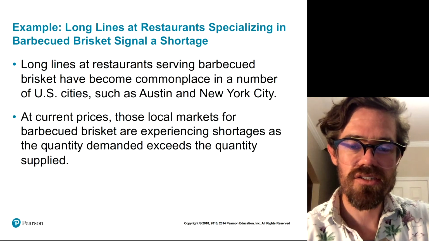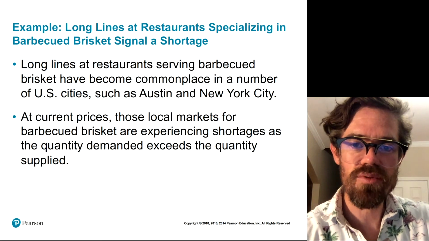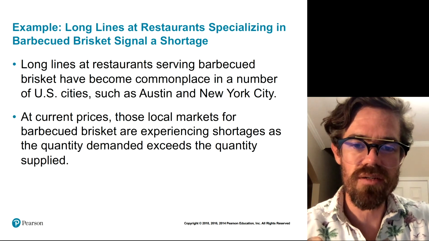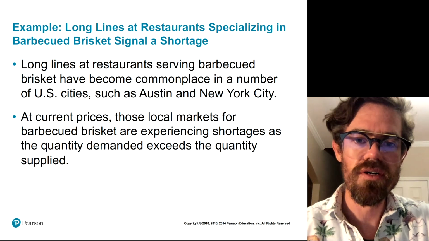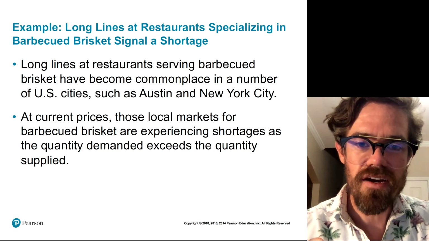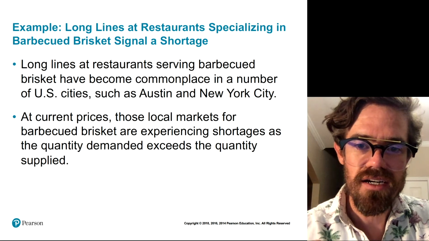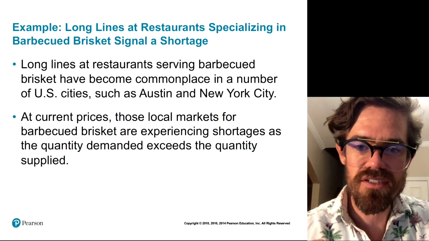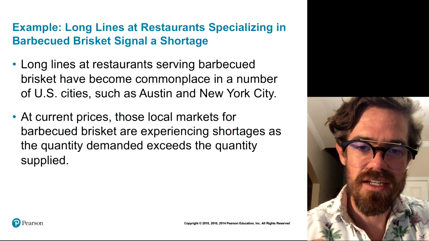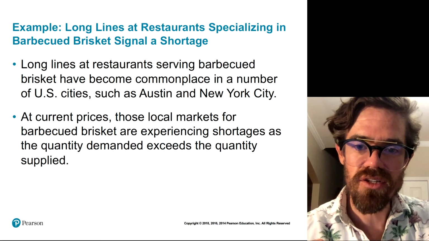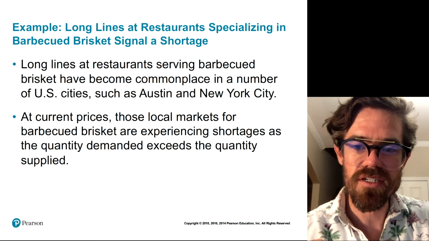All right, so here's another example. Here's a real-life example regarding equilibrium and shortages and surpluses. There have been long lines at restaurants serving barbecued brisket in a number of U.S. cities like Austin and New York. And it's basically because at current prices, the local markets for barbecued brisket are experiencing shortages.